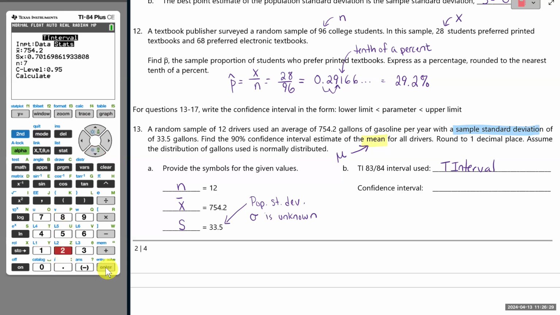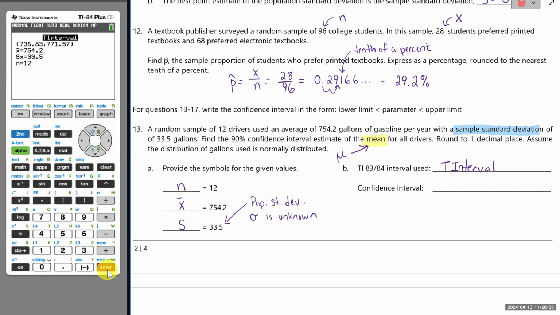There's our sample mean, and S, 33.5, sample standard deviation. N, sample size 12. Confidence level 90%, so 0.9. You can put the 0 if you'd like, 0.9, 0.90, and calculate.